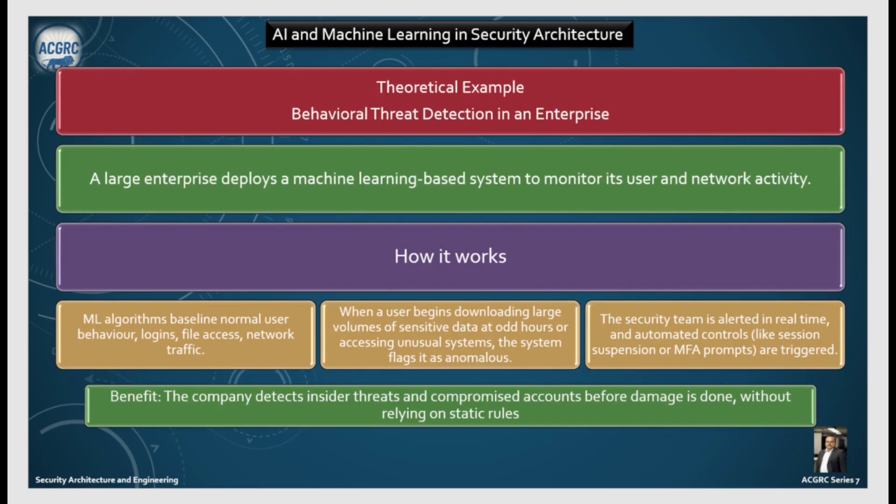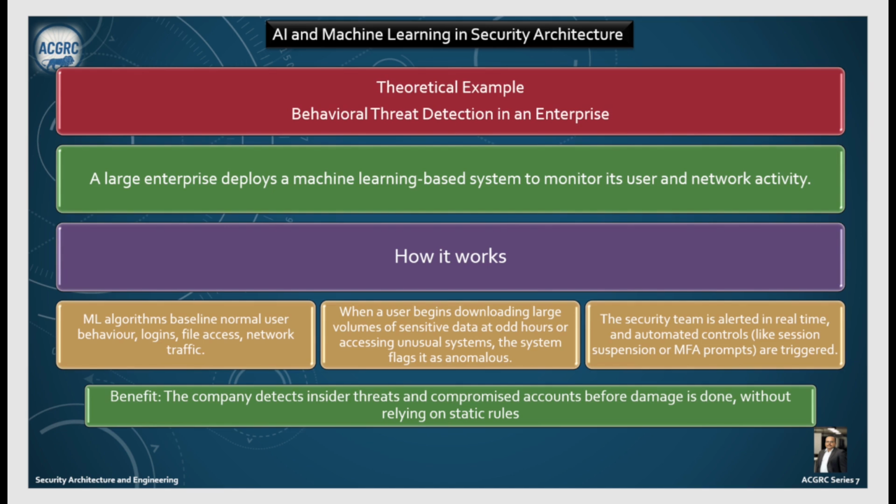Example: a large enterprise deploys a machine learning based system to monitor its user and network activity. So how does it work? Well, ML algorithms baseline normal user behavior, which includes login, file access, network traffic. So when a user begins downloading large volumes of sensitive data at odd hours or accessing unusual resources, the system flags it as anomalous.